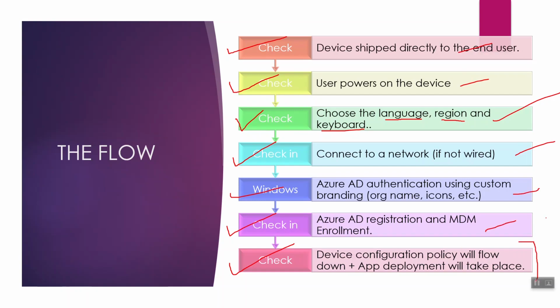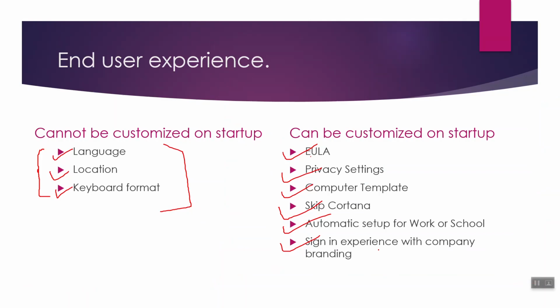During this phase, the device is getting the configuration policy and the app deployment, and at this point of time, the device does not have everything that the admin deems necessary. It does not have the application, it does not have the profiles, it does not have the certificates. The device is not compliant and is not business ready.